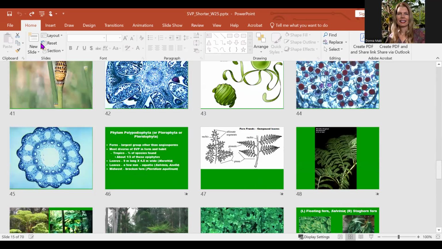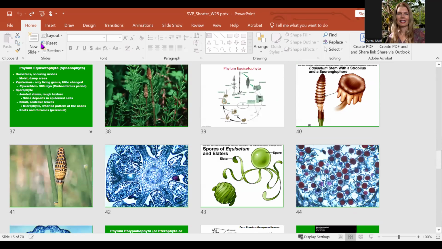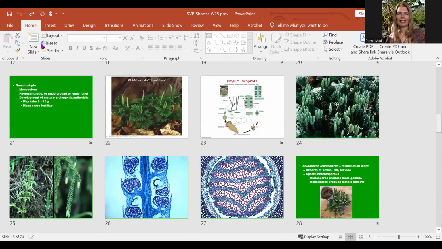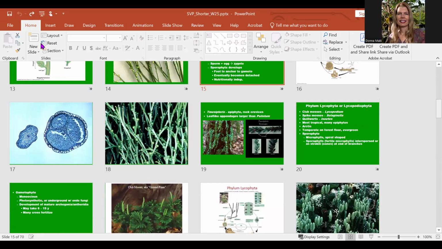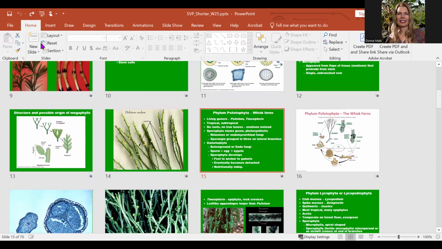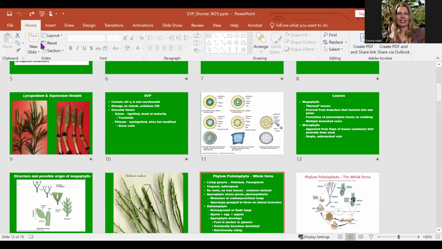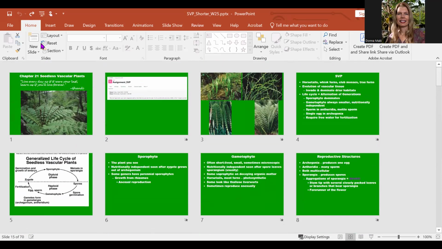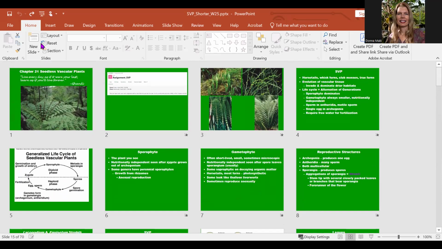Do you have specific questions on the seedless vascular plants? Certainly know what strobili mean.